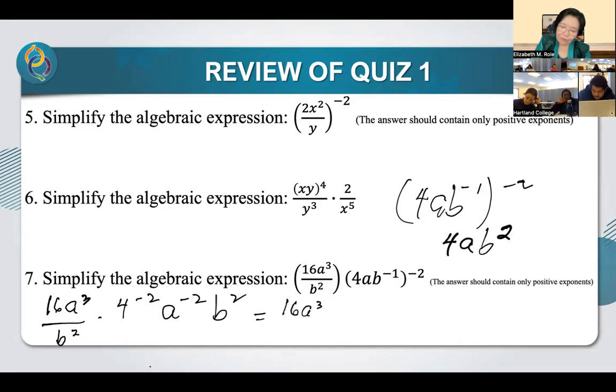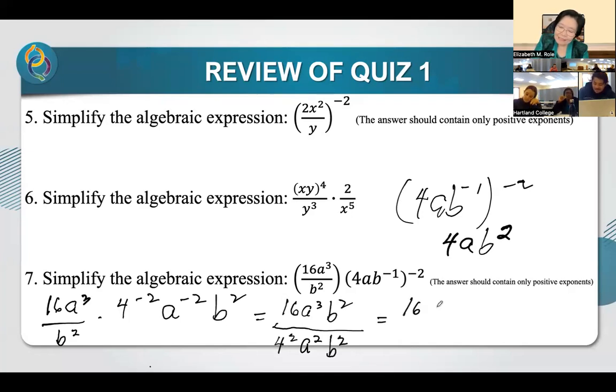16a cubed b squared on top, and at the bottom you put down the 4 to the negative 2, that will be 4 squared. Put down your a to the negative 2, that will now be a squared, but there's a b squared at the bottom. 4 squared is 16.